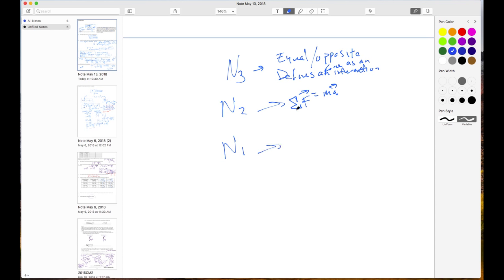And then N1, which is just a special case of N2, when A equals 0, the sum of the forces equals 0, or, and A is not equal to 0, implies that the sum of the forces is not equal to 0. So these are some important ideas that can really apply to either of the problems that we dealt with earlier.